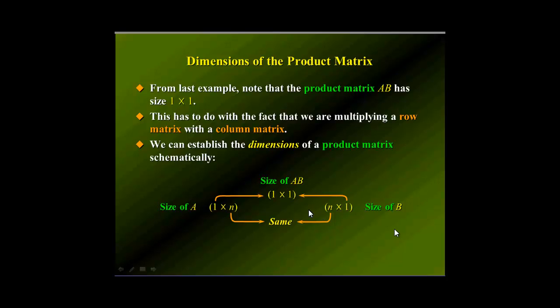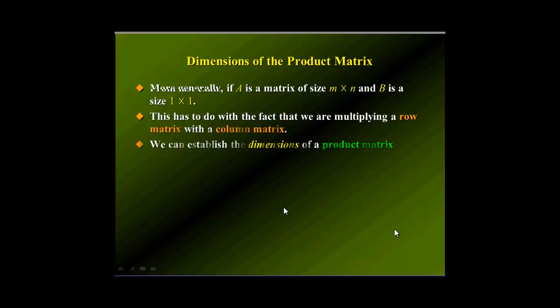If it is not the same, then you cannot multiply these two matrices. If we have a 3 by 4 matrix and the other matrix is 4 by 3, then only you can multiply. Otherwise, if there is some other type of thing, then you cannot multiply the two matrices. So we notice that only if this happens can you multiply the two matrices.